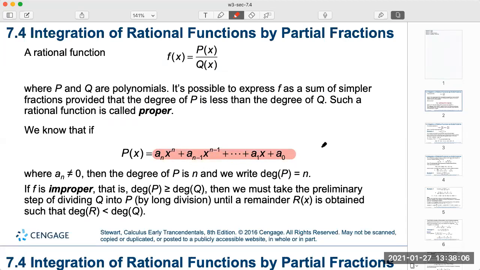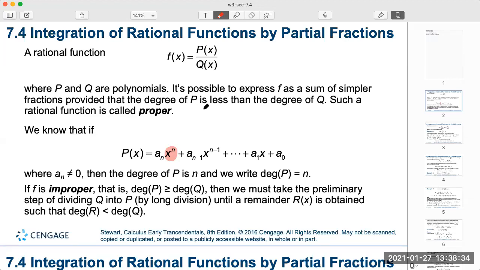The degree of a polynomial is the highest order of the x variable. In this case, the highest order is x to the n, so this is a polynomial of degree n.